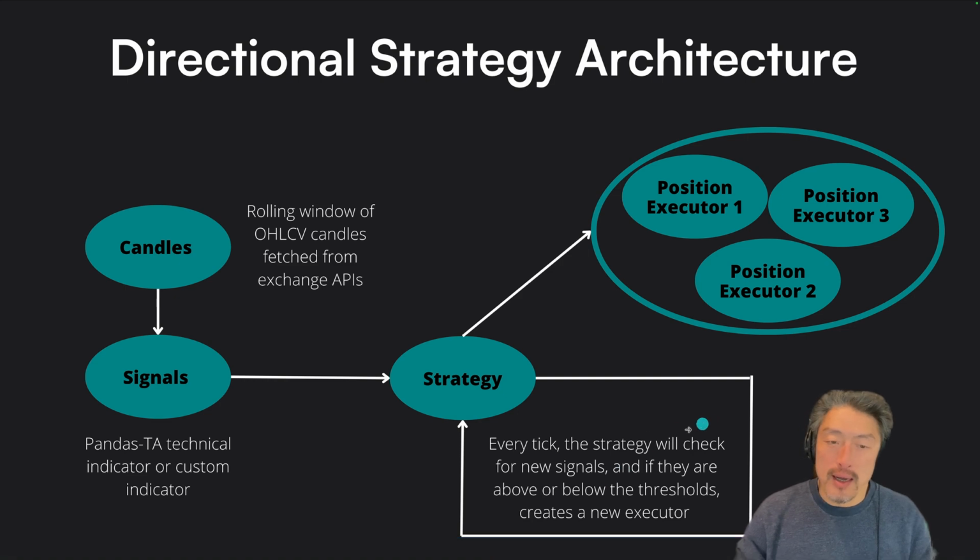And then the strategy will essentially look for the signal to determine if it should enter into a long position or it should enter into a short position. And typically these are trend following or mean reversion strategies where the signal is an indicator that there's some type of market condition.